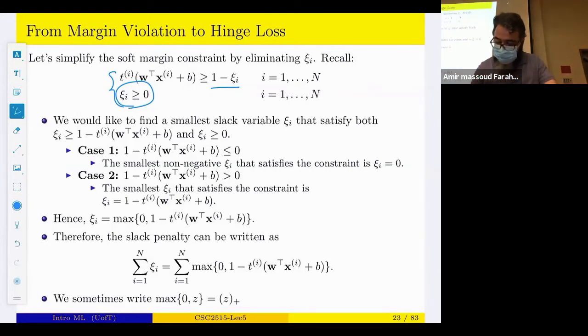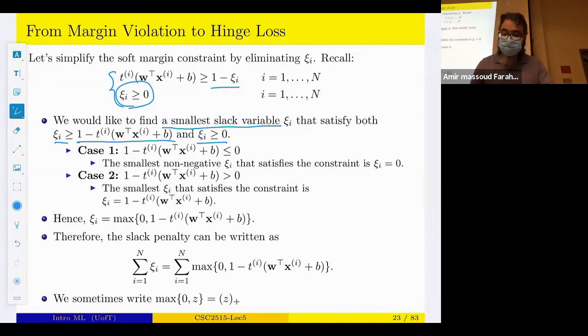It means we want to find the smallest slack variable Ci that satisfies both: Ci being larger than the constraint given by the data, the soft margin constraint, and Ci being non-negative. There are two cases that can happen.